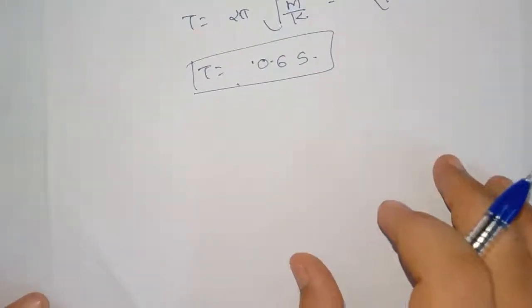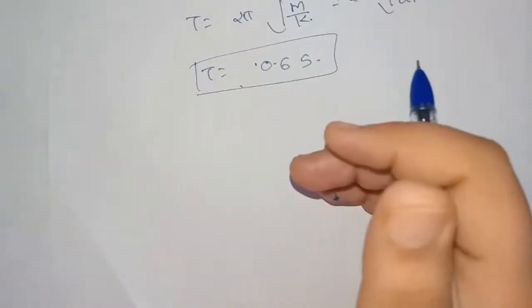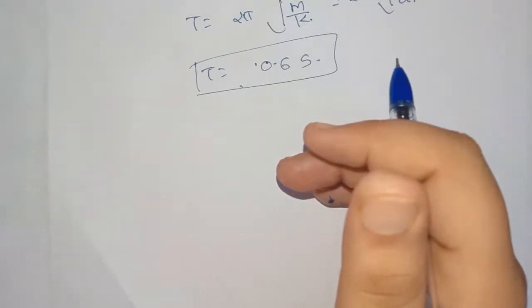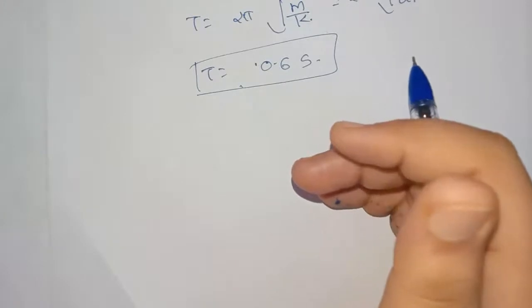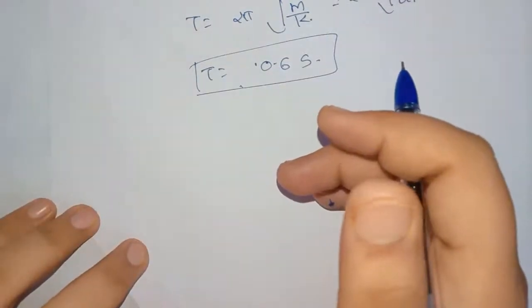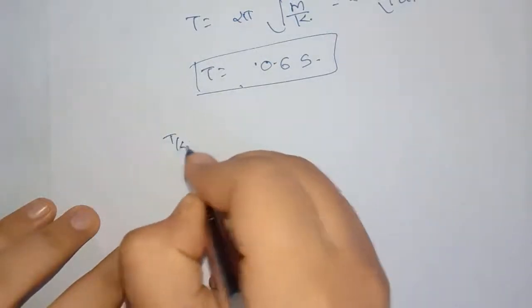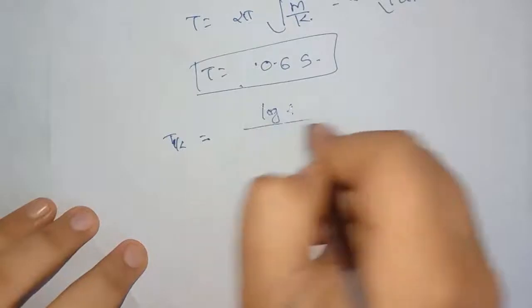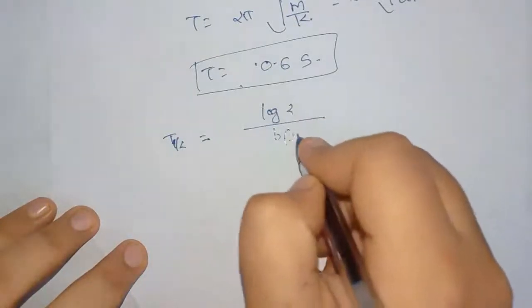Now we want to find the time taken by the amplitude to be half. So t half will be equal to log 2 divided by b by 2m.